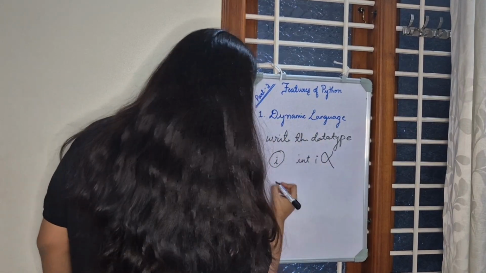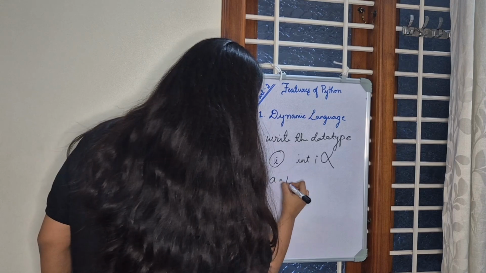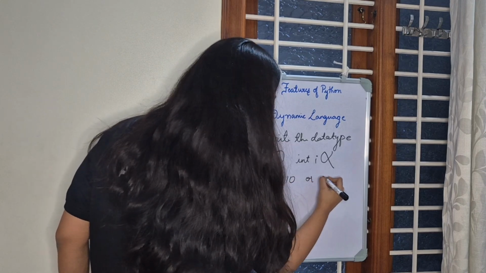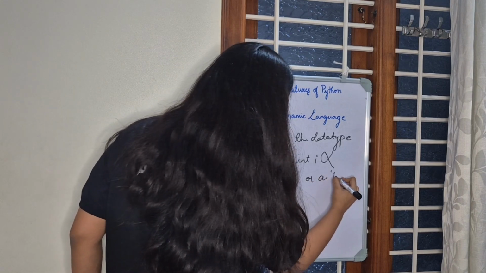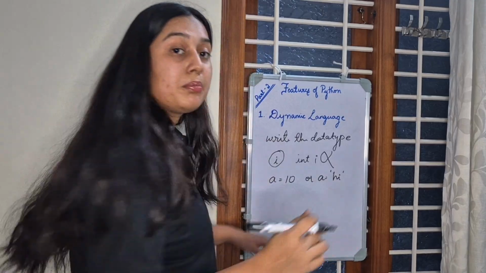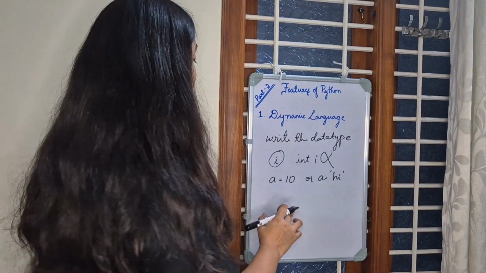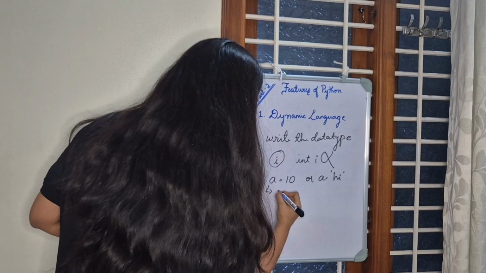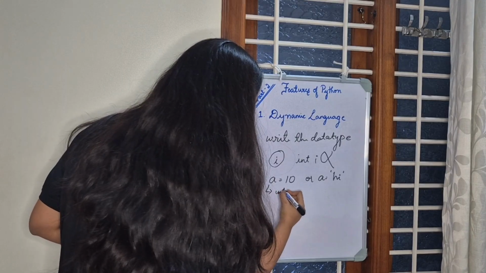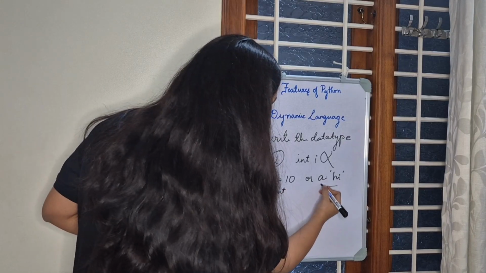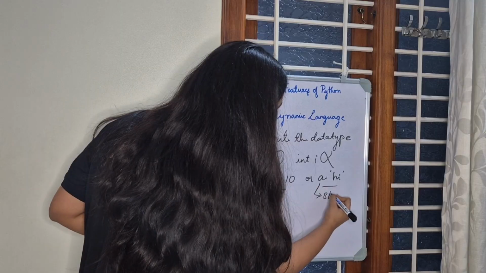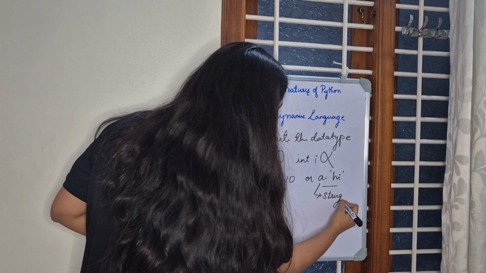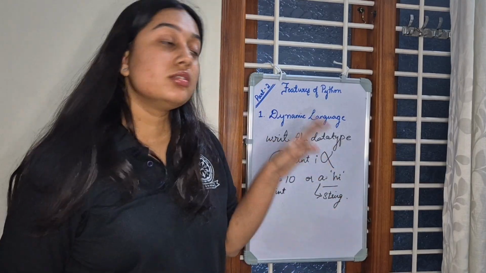All you have to write is, for example, a equals 10 or even a equals hi. Python will automatically consider a as an integer, or in this case it will consider a as a string. That is the meaning of dynamic language.